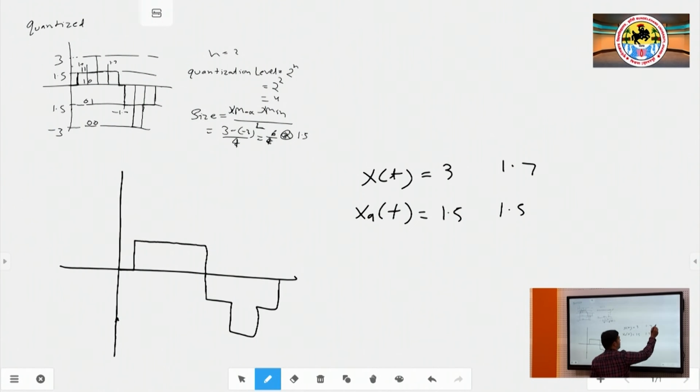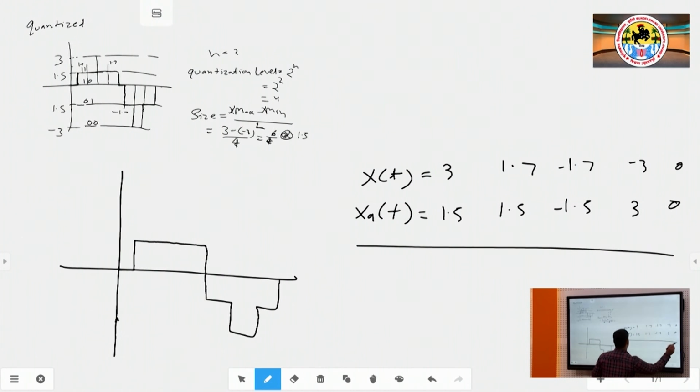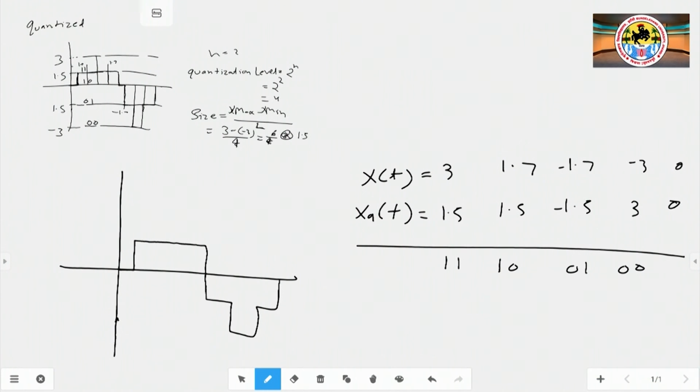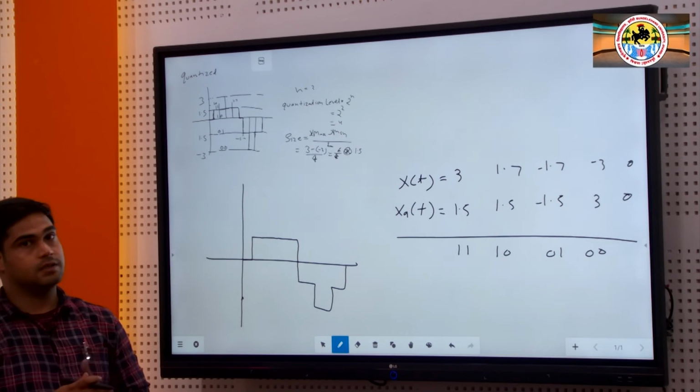If the value is minus 1.7, then we select minus 1.5. If the value is minus 3, then we select minus 3, and if the value is 0, then we select the nearest point. Here we assign the 1 1 coding, here the 1 0 coding, here the 0 1 coding, and here the 0 0 coding. So this is the quantized signal. After that, we do the coding and we have the digital signal.